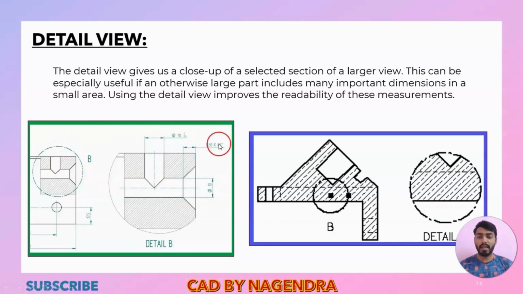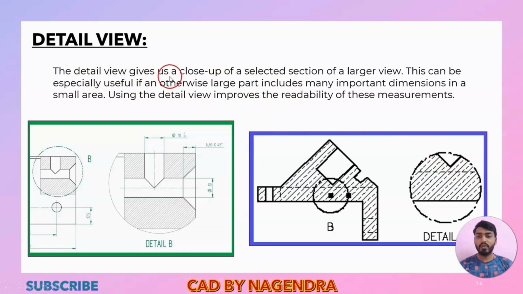We can mention all the dimensions here like this. So that is about detailed views. Same for example one more we have. We don't know with which shape material is there, or whether any chamfer or fillet is present. In such a case, we are able to select a particular area or region, get a zoomed-in portion of that selected area, and give all dimensions and specifications clearly here. So everything is in theoretical form.